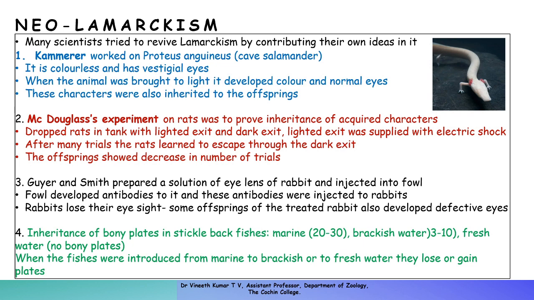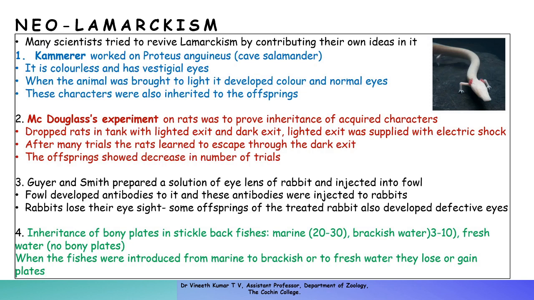If the parents took 50 trials to learn to exit from the dark exit, the offspring learned it with 30 trials. He took this experiment as a proof for inheritance of acquired characters, in the sense that the learned behavior, that the lighted path has a shock and should be avoided, was being inherited. That is an acquired character, and it was inherited by the offspring, so that the offspring took less time to recognize and learn.